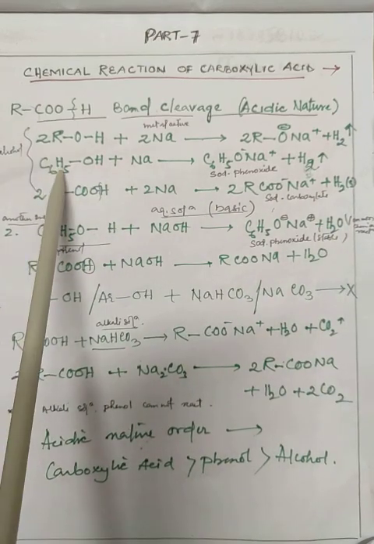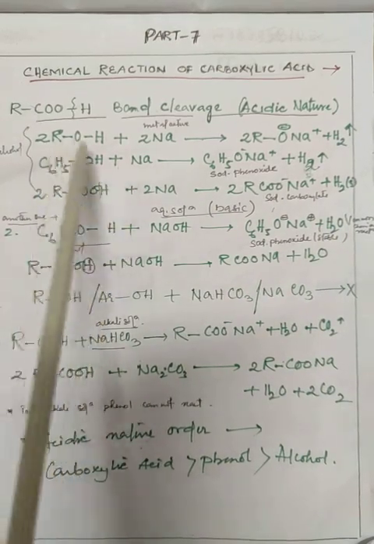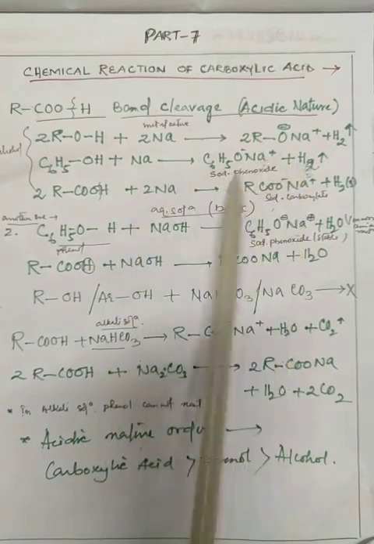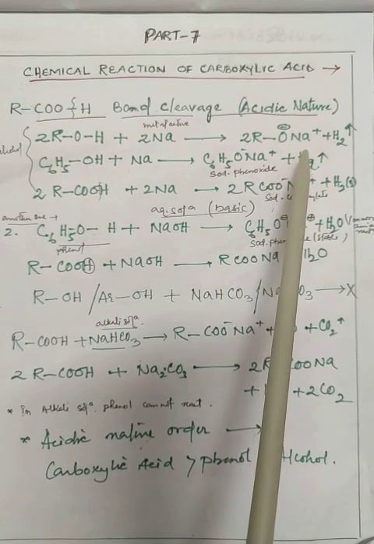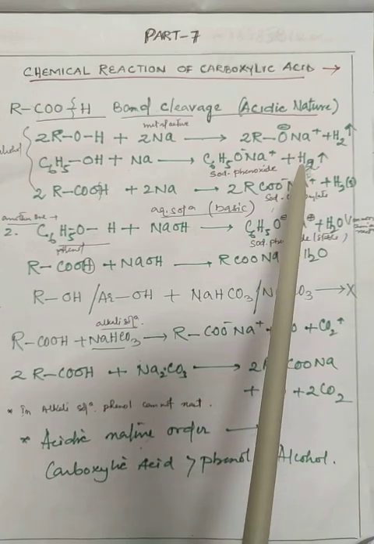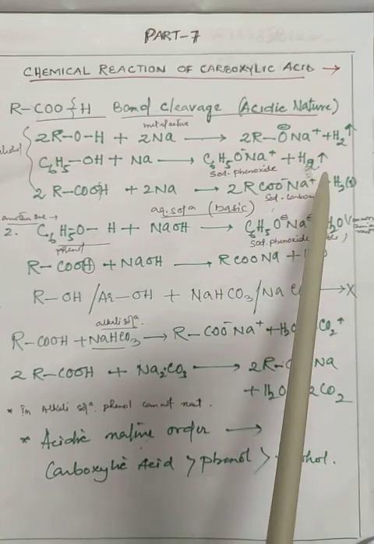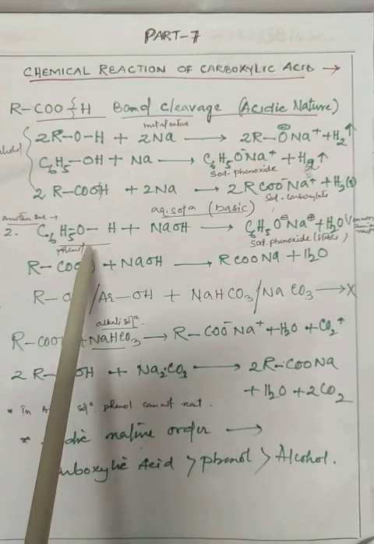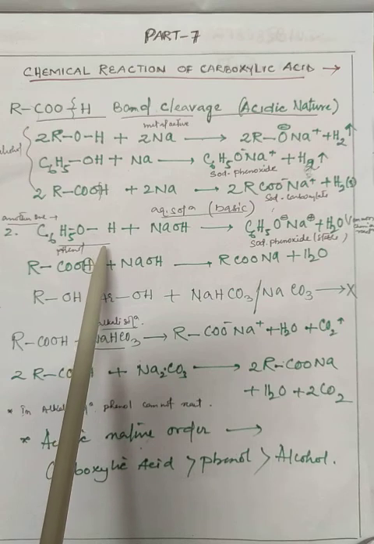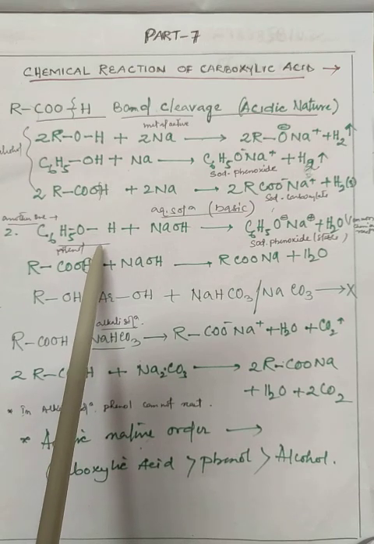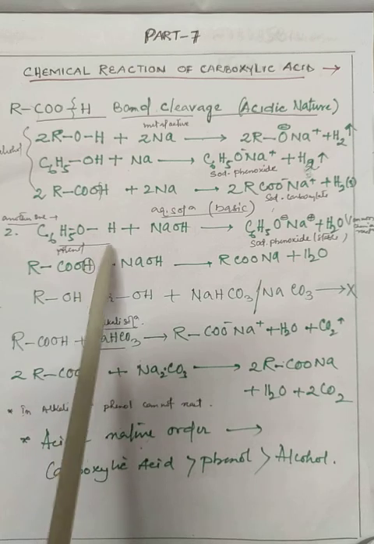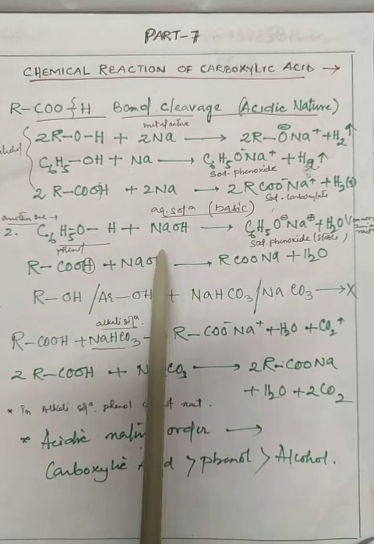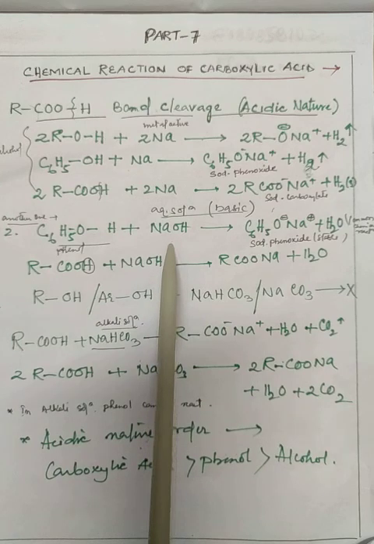In these three reactions, the alcohols react with sodium metal, and we get sodium alkoxide and sodium phenoxide along with hydrogen gas. Now another one is also aromatic, that is phenol, and in this phenol we use sodium hydroxide.